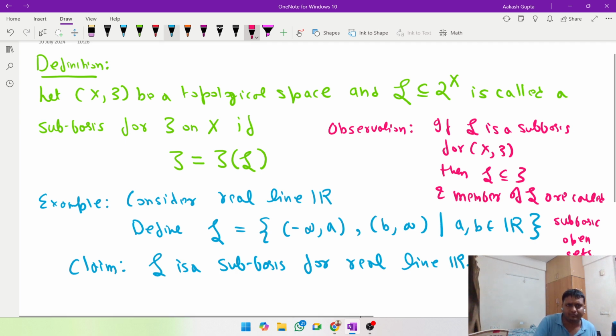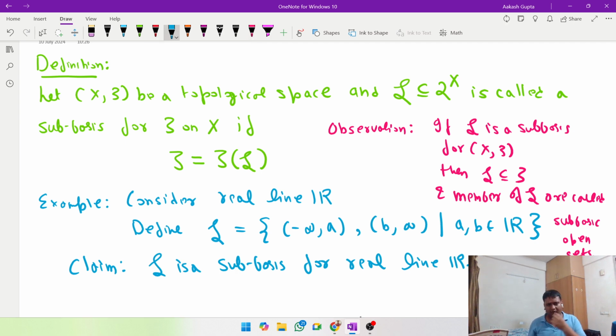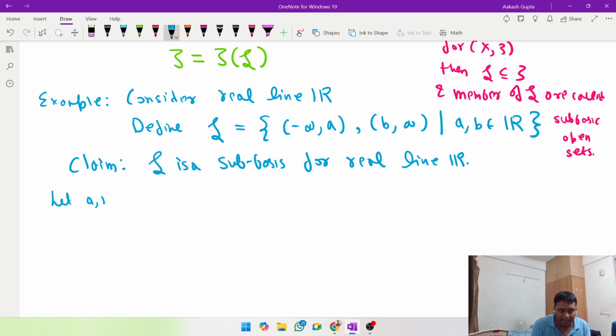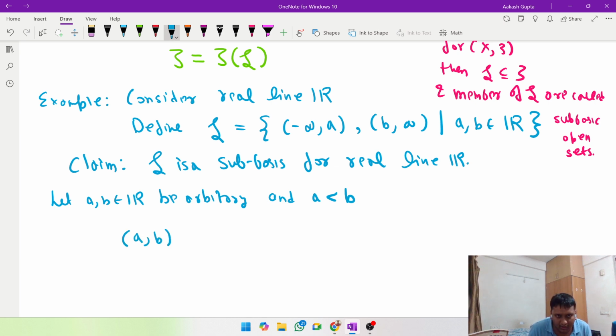So let us go back to our example. What we are claiming is that S is a sub-basis for the real line R. You may try yourself, but let me tell you how I want to do this. Let (a, b) in R be arbitrary, and say a is strictly less than b. Now observe the following.